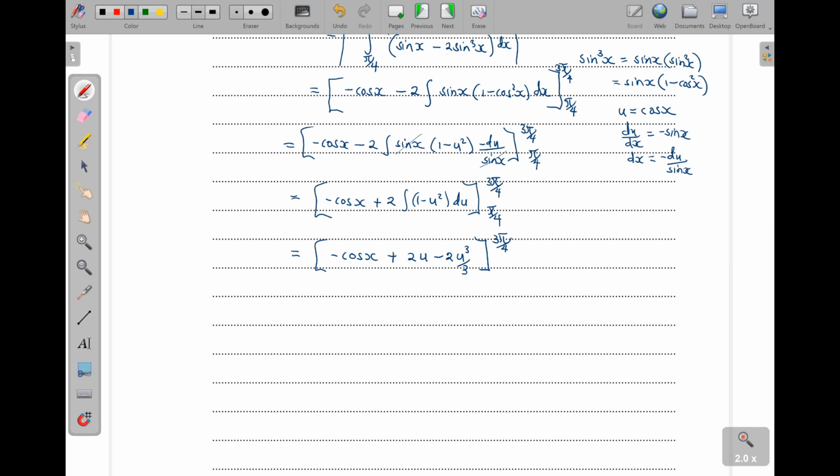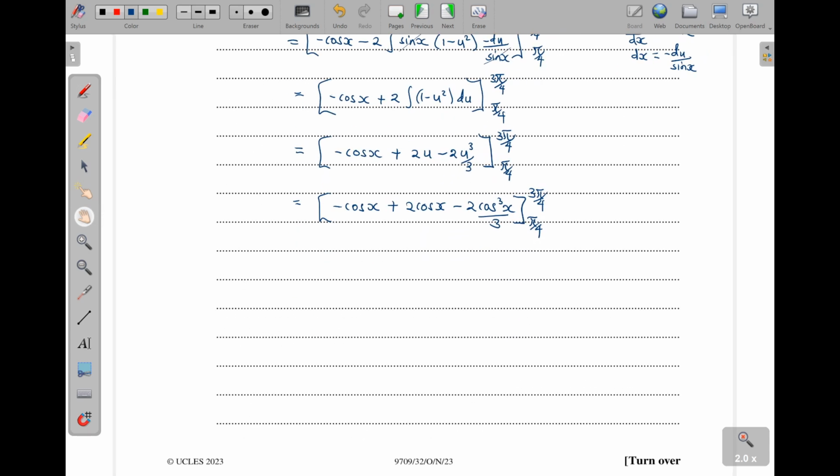Then bring back that we let u be the cosine. So we shall have negative cosine of x, then plus 2 cosine of x, then minus 2 cos cubed x over 3. Now I can put the limits there.